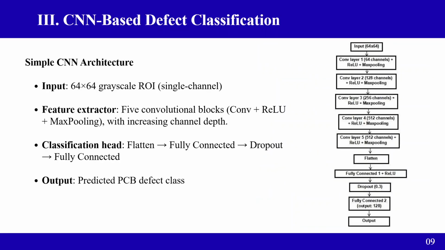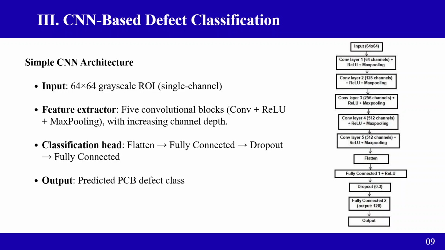After localization, we focus on defect classification. We start with the simplest one. We call it the simple CNN baseline, using 5 blocks of convolutional layers with 2 activation layers, ReLU and max pooling, right after, where the number of channels gradually increases.